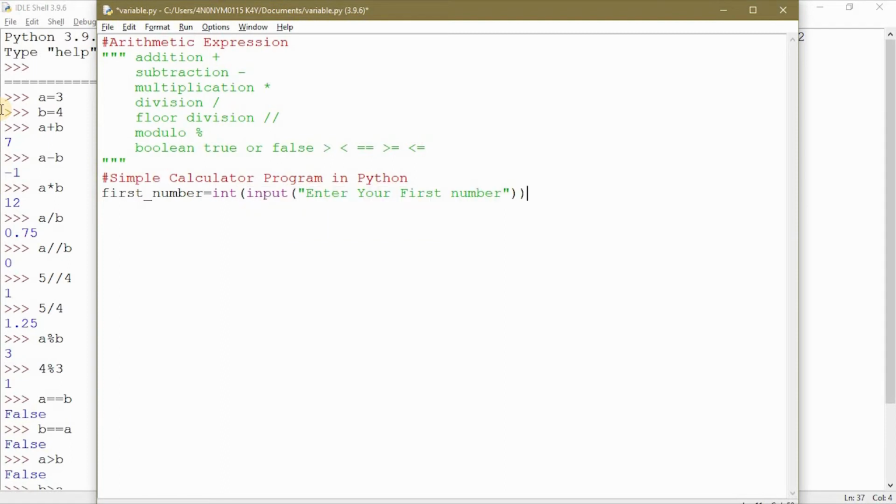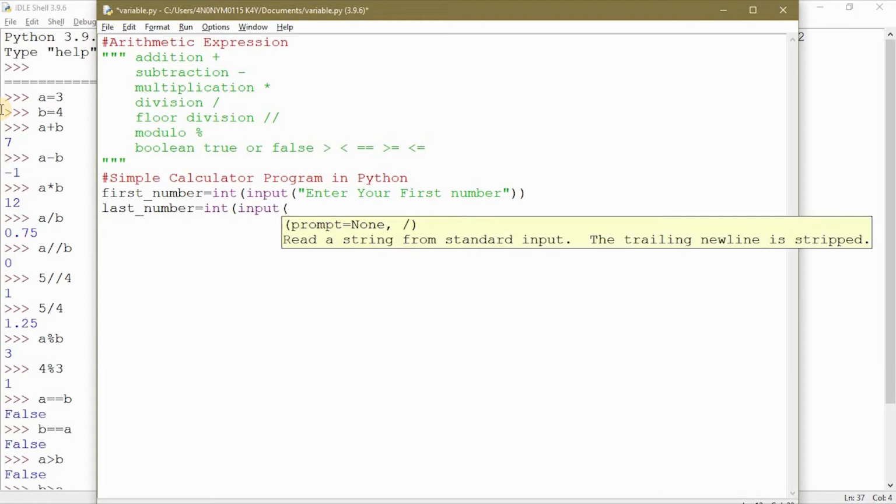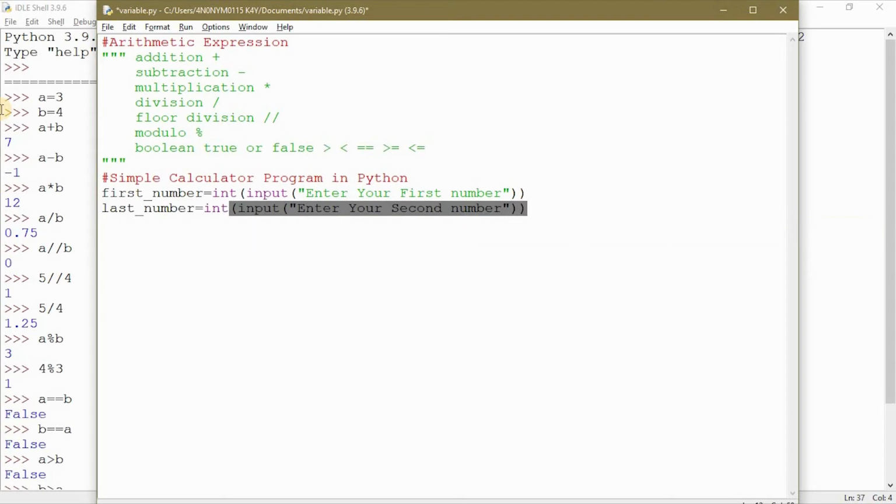Don't forget that for the amount of brackets you open on the left-hand side, you close back on the right-hand side. Then the last number equals int input, enter your second number.